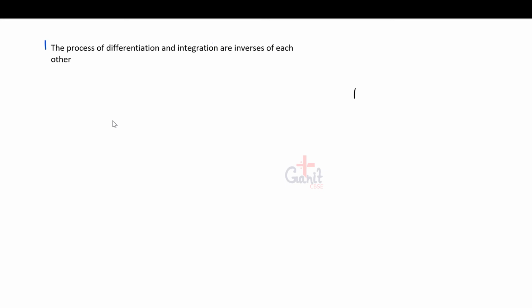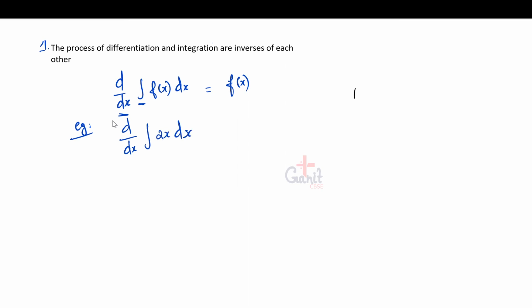We have 5 properties. This is the first property: the processes of differentiation and integration are inverses of each other. When I differentiate the integral, I get the same function. Differentiation and integration are inverse to each other, so they cancel each other. For example, take the integral of 2x dx.